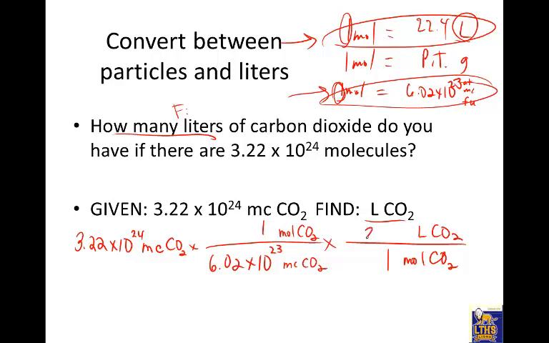What number goes with liters? 22.4. Math-wise, 3.22 times 10 to the 24th divided by 6.02 times 10 to the 23rd. Bye-bye molecules of carbon dioxide. See you later, moles of carbon dioxide, times 22.4, and you get 119.81 liters of carbon dioxide.